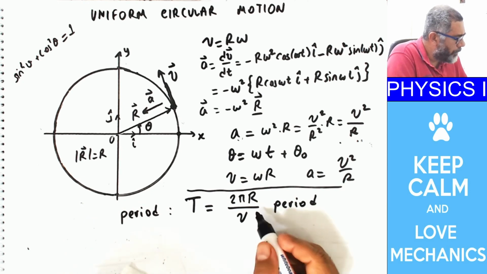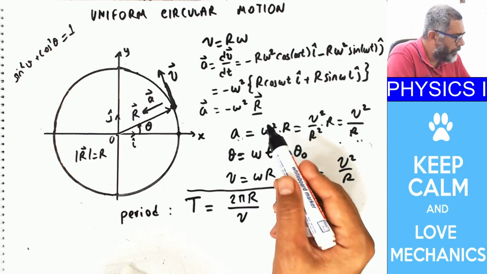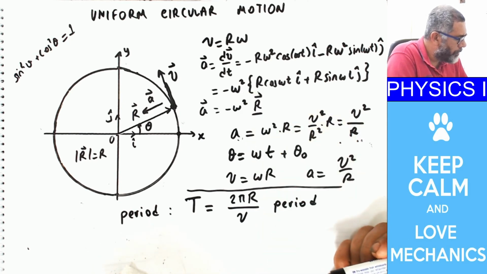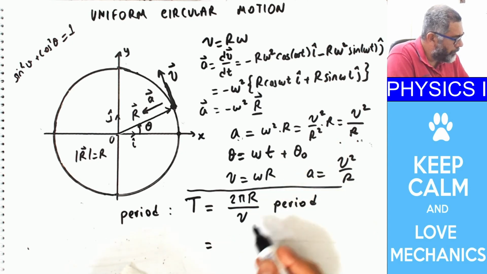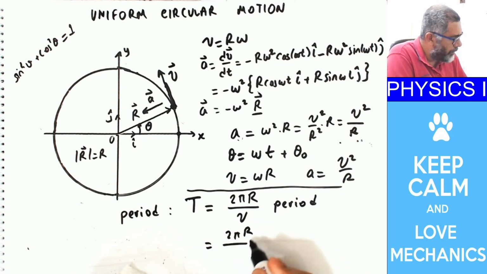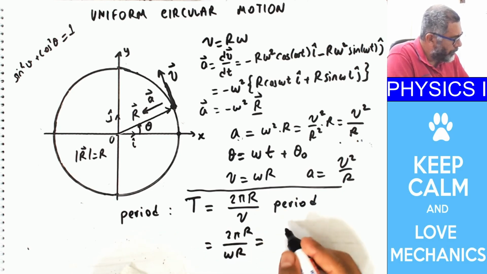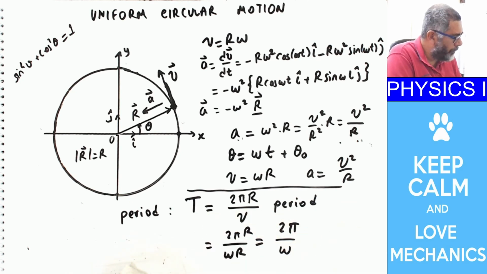And if you want to express the period in terms of omega, where omega is the angular speed, omega is just v over r. Let's put this instead of v over here: 2 pi r divided by omega times r. You get just the expression of the period, 2 pi divided by omega. As long as you know the angular speed of this object, you can easily express the period as the inverse of the angular speed multiplied by 2 pi.